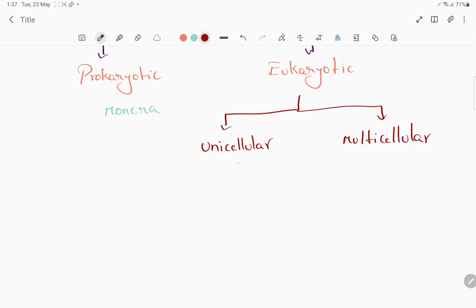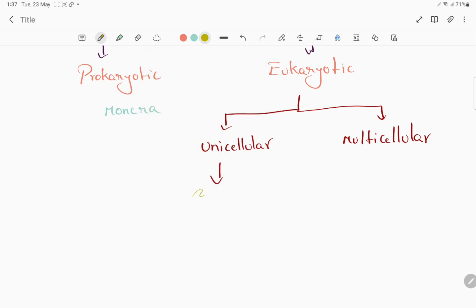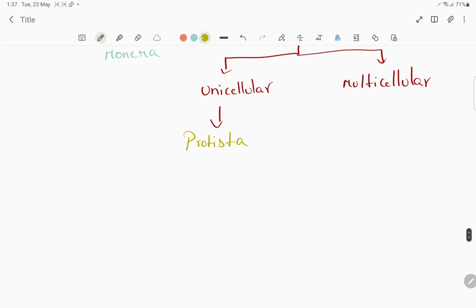Coming to unicellular, you have only one thing, that is kingdom Protista, all the unicellular eukaryotes. And now the multicellular is again divided into two more categories.